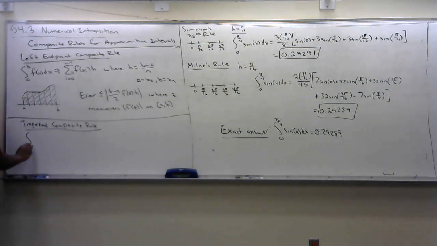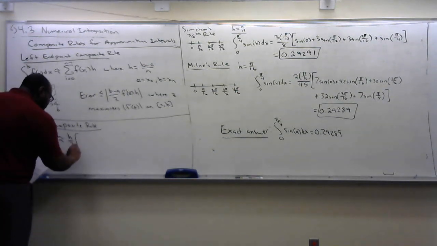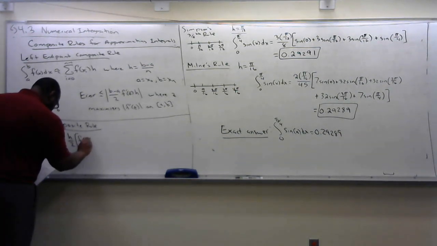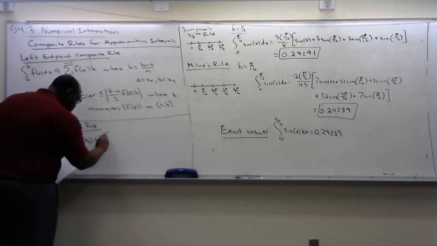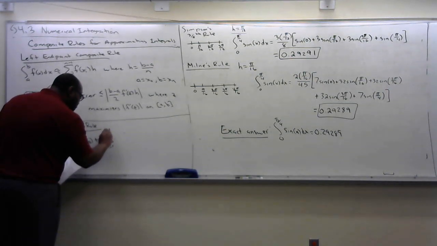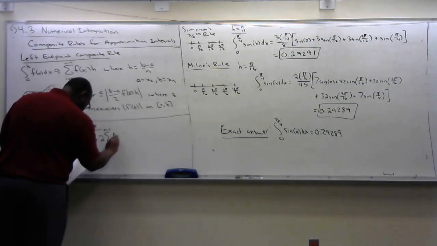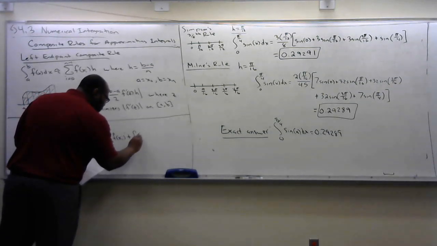The integral from a to b of f of x dx is approximately equal to h divided by 2 times the quantity f of x naught plus 2 times the sum i equals 1 to n minus 1 of f of xi plus f of xn.